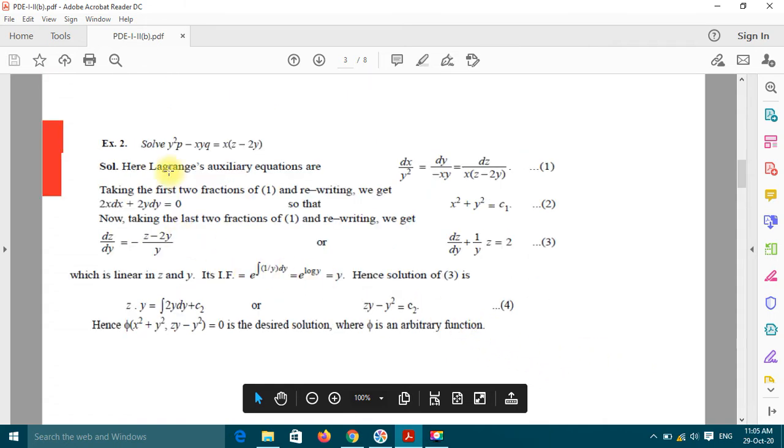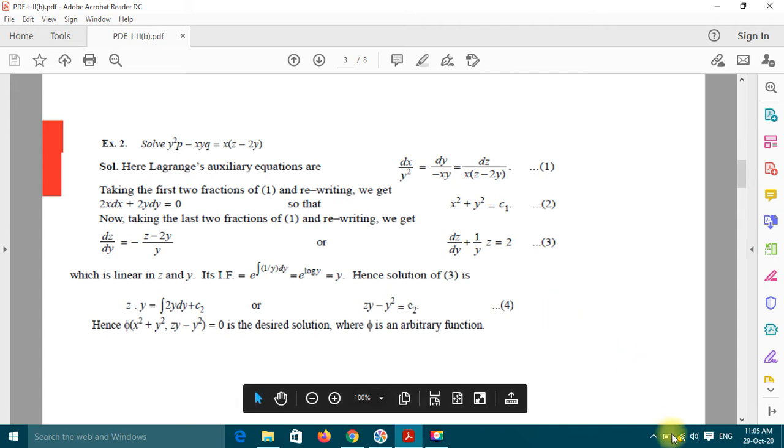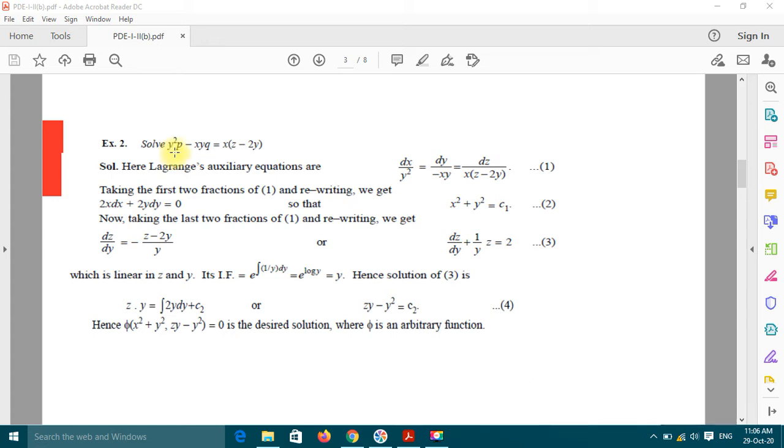Now come on to the next problem. Our differential equation is y square p minus xy q is equal to x into z minus 2y. Here this equation is given in the standard form Pp plus Qq is equal to R. Now compare it with Lagrange's equation.